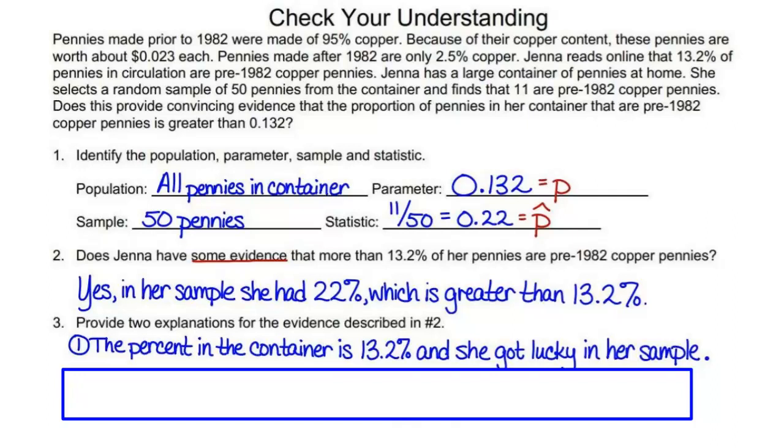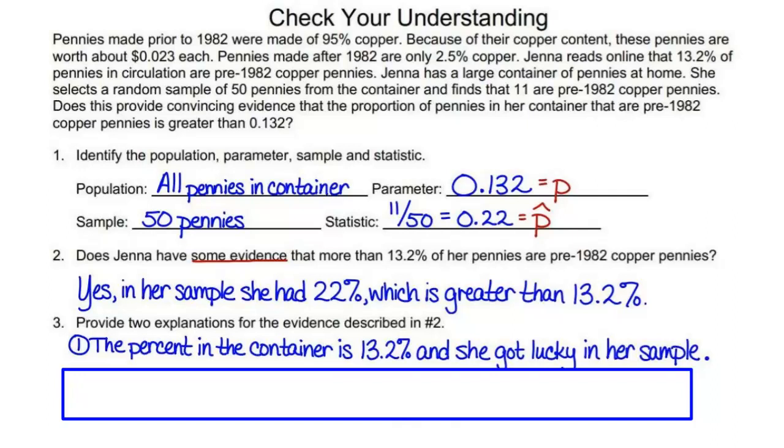She got lucky in her sample. Maybe the average in her jar really is 13.2%, and she just got lucky. Some old pennies got thrown in on top, and that was included in her sample. What's the other possible explanation here? So this is kind of the same as saying this just happened by chance. This is a fluke.